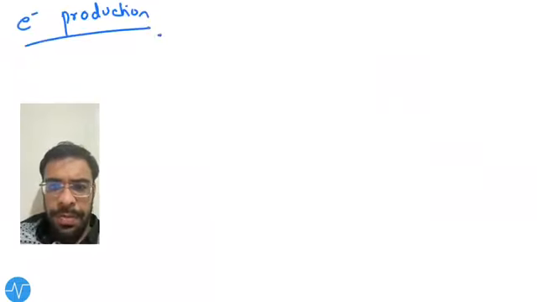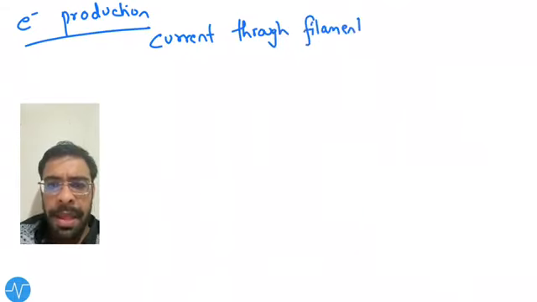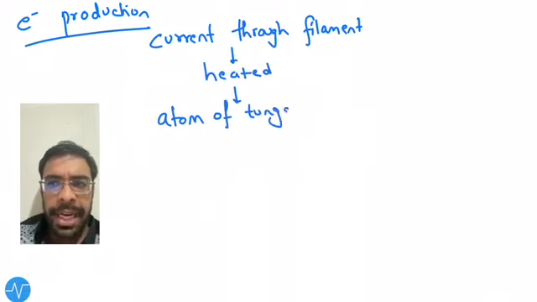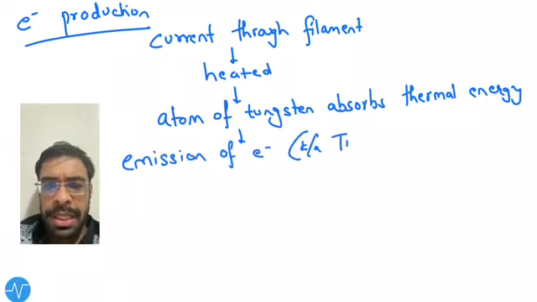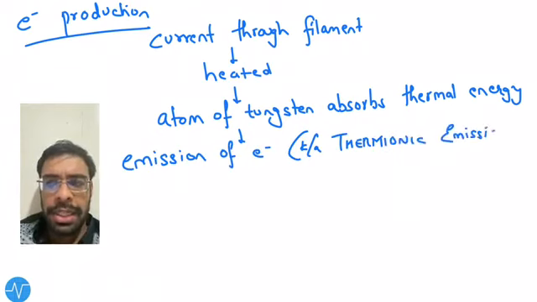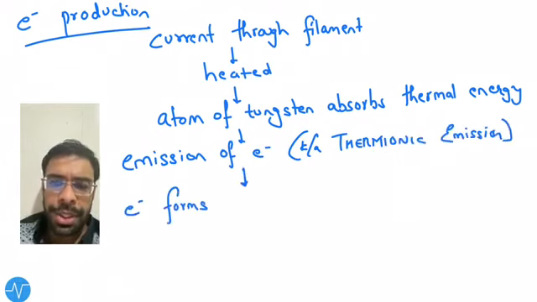Electron production. Since electrons are produced by the filament, we learn the mechanism. First, current is passed through the filament. The filament gets heated. Atoms of the tungsten absorb this thermal energy, or the heat, and there will be emission of electrons. Since it absorbs heat and emits electrons, this is known as thermionic emission.